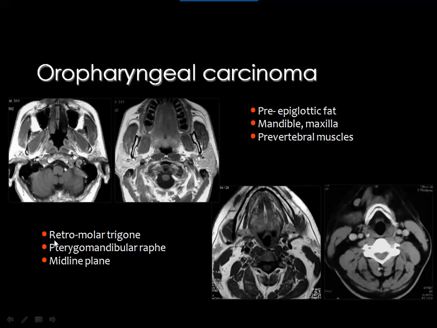Then you look for invasion of the prevertebral muscles as well as the skull base or the cervical spine. Then you look for the retromolar trigone. Now you see these are the molar teeth, and the retromolar trigone is located here in this area. I am pointing to it. Then the pterygomandibular raphe is the space between the pterygoid muscles and the ramus of the mandible.